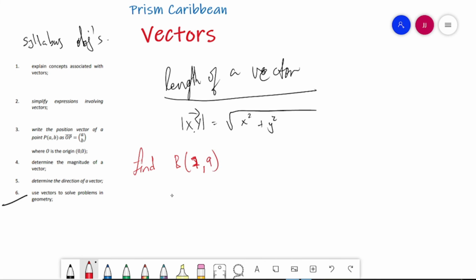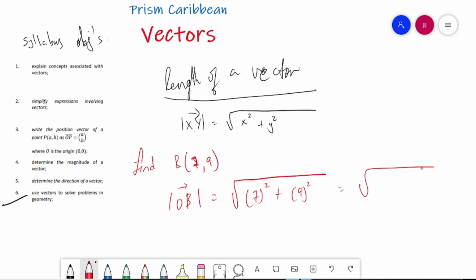So the length of OB is equal to the square root of 7 squared plus 9 squared, which is equal to the square root of 49 plus 81, right, which will be, let me just put that in the calculator, the square root of 130 units.